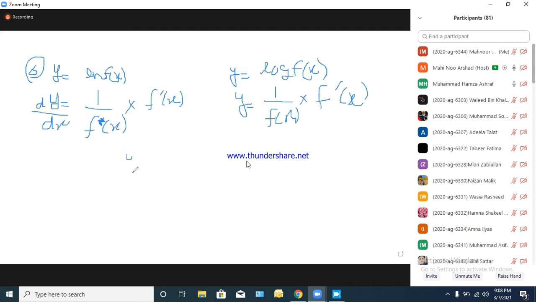Let's suppose you have derivative of log of x cubed minus 1.